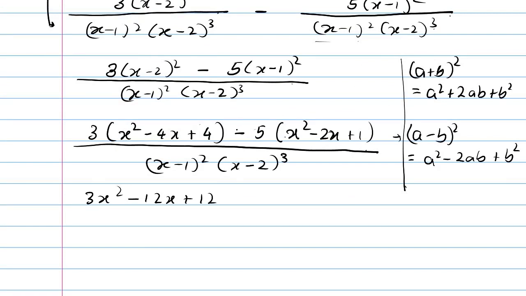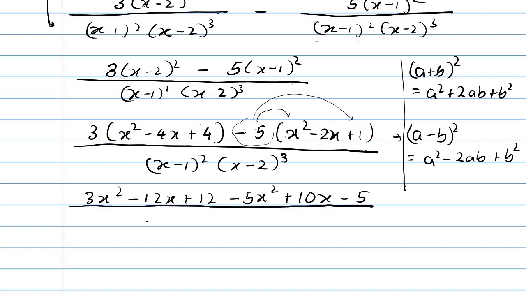Make note that there's a negative sign here, so you're going to distribute negative 5, not just 5. So when you distribute, you get negative 5x squared plus 10x, because negative 5 times negative 2x is positive 10x, and negative 5 times positive 1 is negative 5.